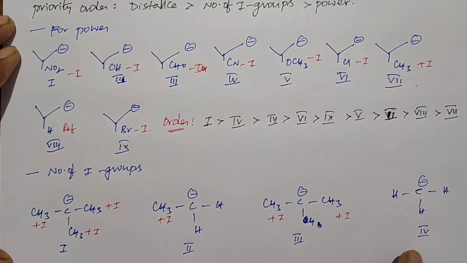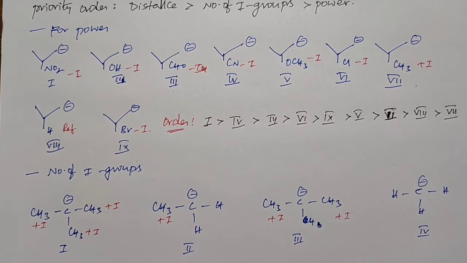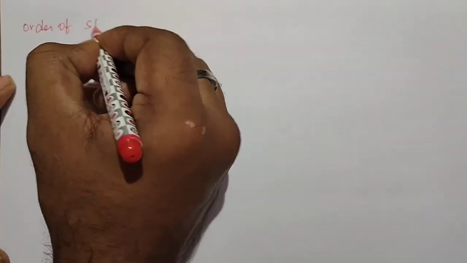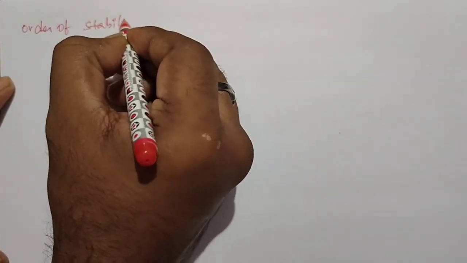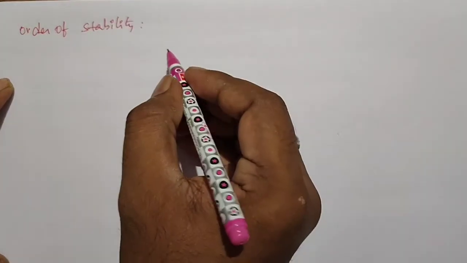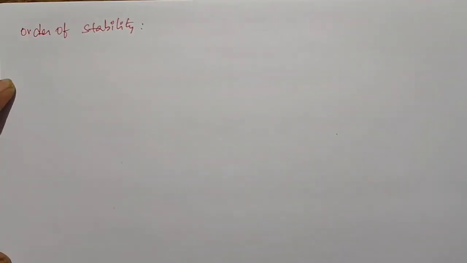Due to the presence of plus I groups, the fourth structure has maximum stability; after the fourth one comes the second one, after the second one the third one, and the first one is at the last. So the order of stability is as shown in the structures.